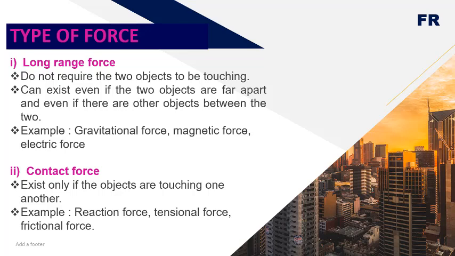Examples: gravitational force, magnetic force, and electric force. The second type of force is the contact force, which exists only if the objects are touching one another. Examples are the reaction force, the tensional force, and the frictional force.